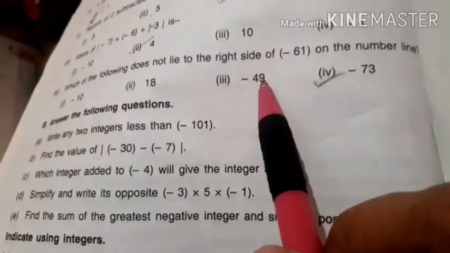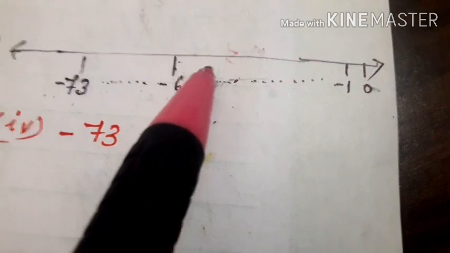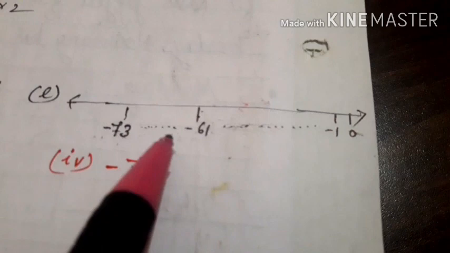See, minus 10, 18, minus 49. Minus 10 comes to the right side of minus 61, and 18 also comes on this side, minus 49 also comes at this point. Okay, these all come on the right side of minus 61, but minus 73 will come on the left side of minus 61. That's why the question is given which of the following does not lie to the right side of minus 61. Then your answer is minus 73.